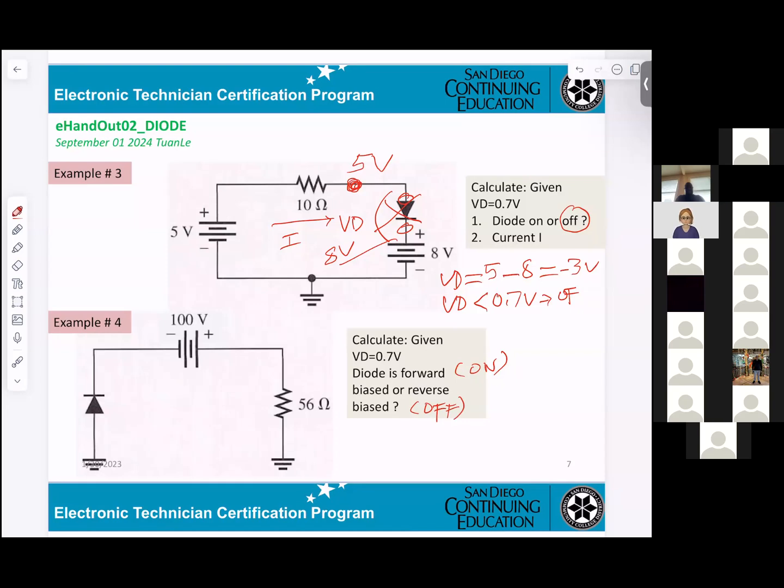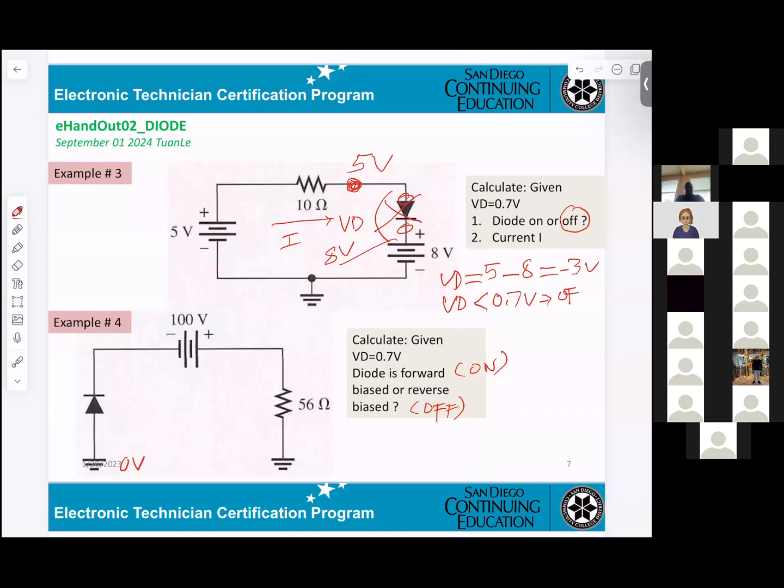Six. You get 50-50, right? On this problem here, you're telling me diode on or off. Okay, now, this is around 0 volt.